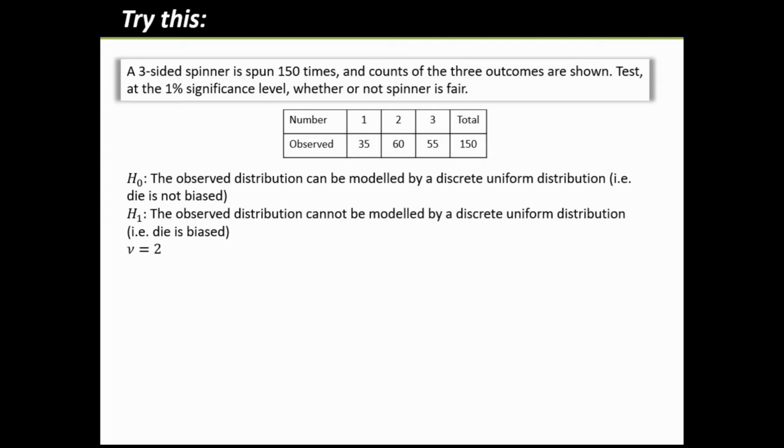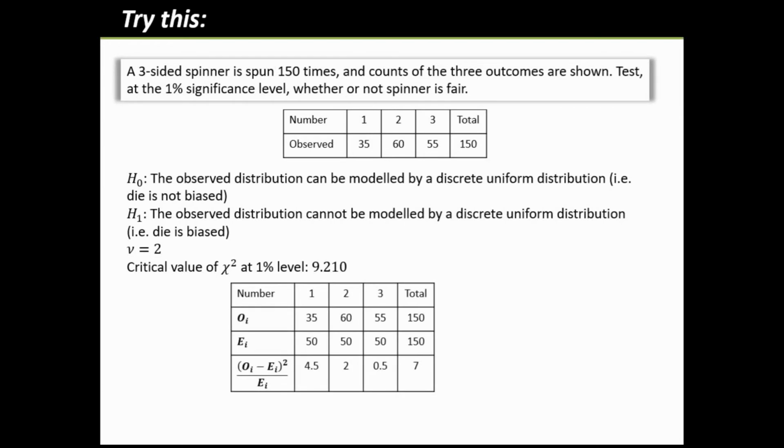The degrees of freedom will be 2 because there's 3 observed values, but one of them will be set in stone if we know the total. So degrees of freedom is 2. Critical value from the table comes out to be 9.210. This is with 1% significance level, so 1% to the right, 0.01.